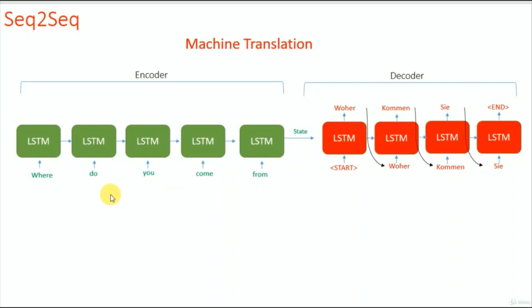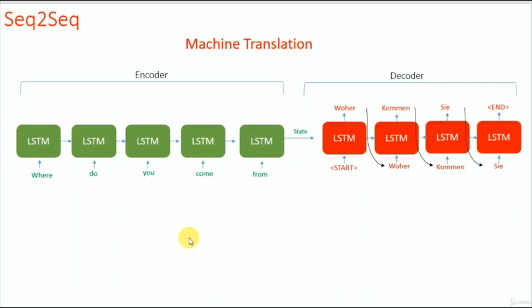The English sentence we want to translate is "where do you come from?" and the translated output is "woher kommen Sie?", which means "where do you come from?" in German. This is exactly like Google Translate. It translates a sentence from one language to another.